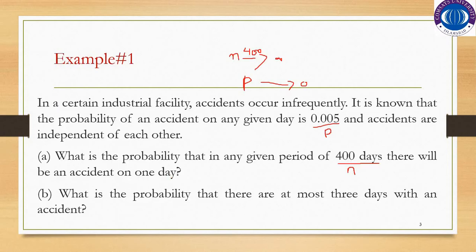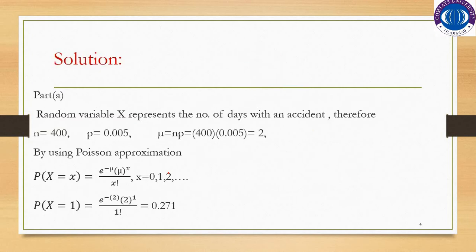We are asked to find the probability that in any given period of 400 days there will be an accident on one day. So x is representing the number of days with an accident, and by substituting x equal to 1, we will get the probability that there will be an accident on one day.